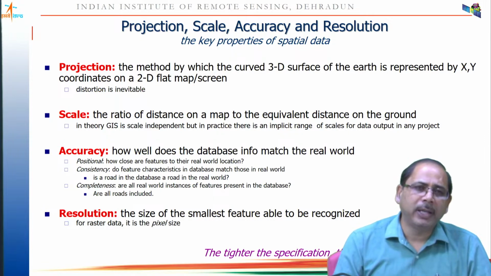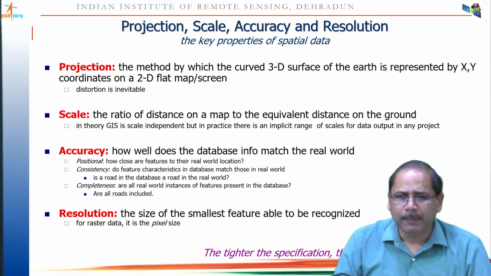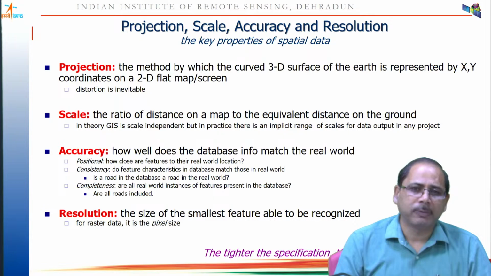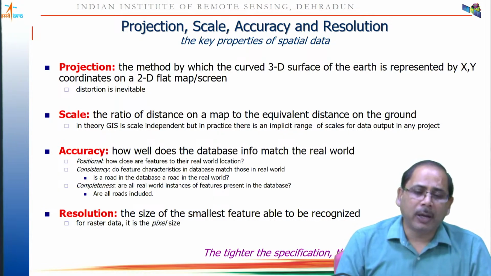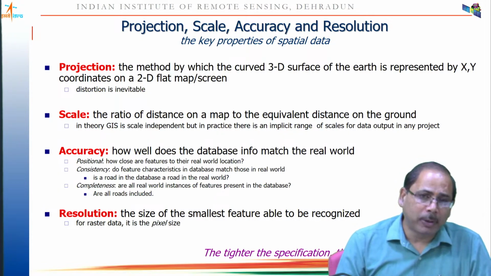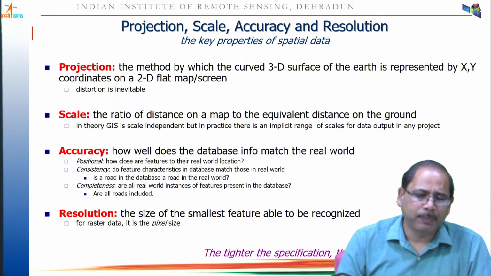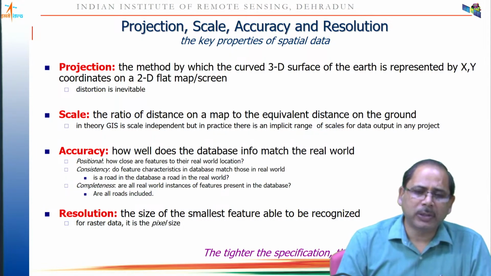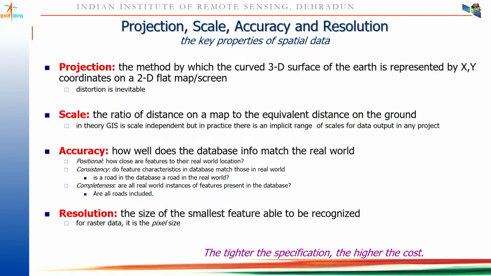So whenever you are dealing with geographical or geospatial data, you have to understand the projection system, which is very important here. Then only can you deal with geospatial data. Scale is another parameter, which is basically the ratio of the distance on the map to the equivalent distance on the ground.